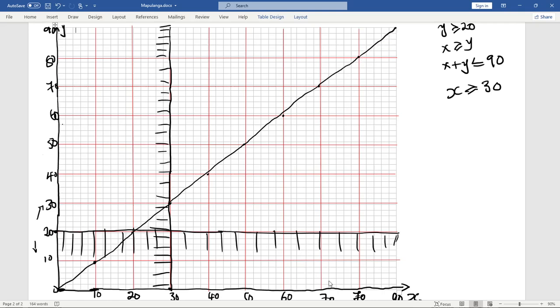Good. So we have our straight line there.